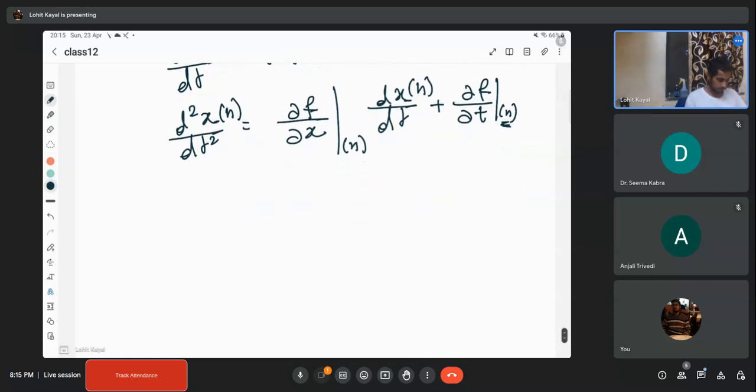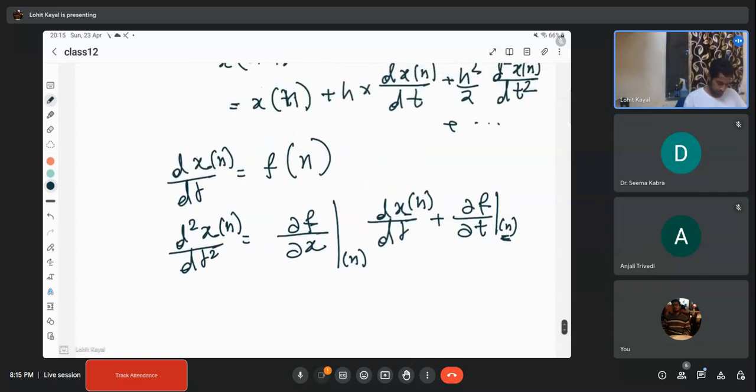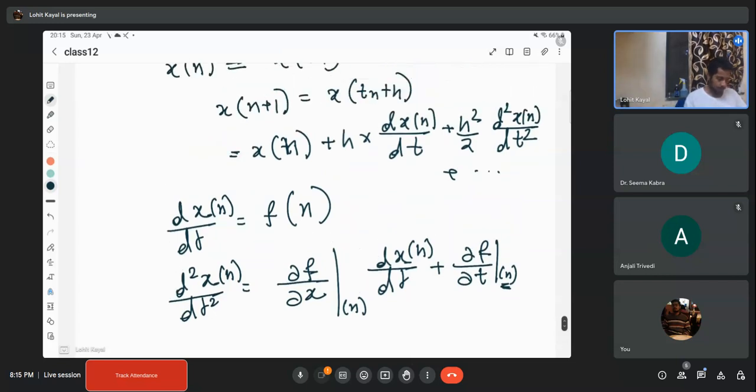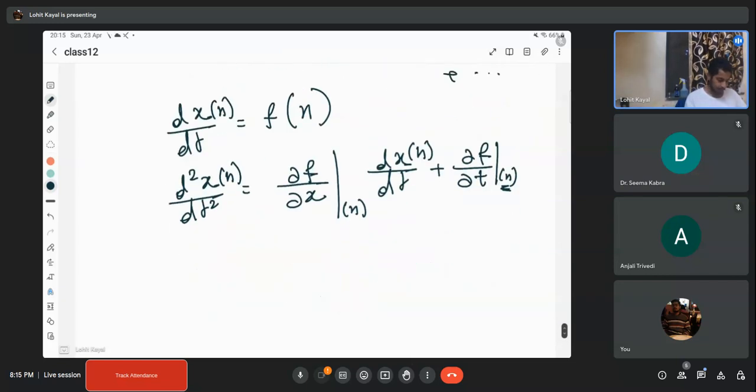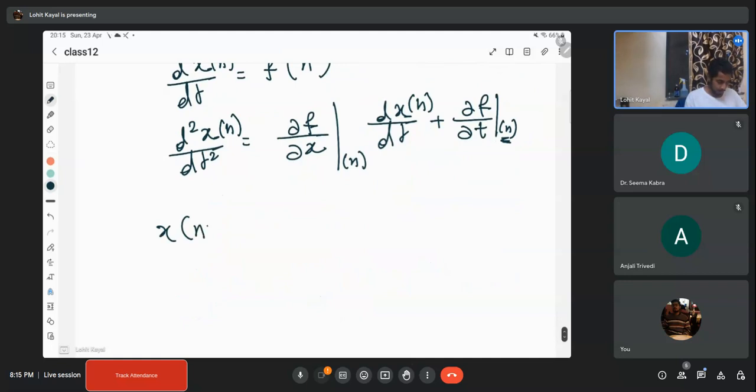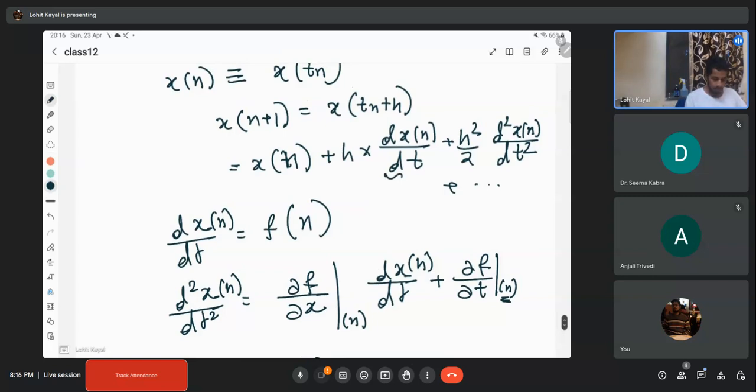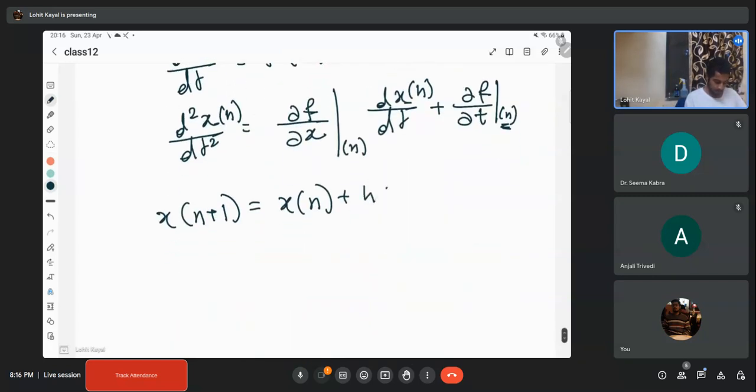So if I go back and plug it in the formula, x_{n+1} will be equal to x_n plus h times f_n, plus h squared by 2. Now you can see that it is dx/dt again, so it is f_n.